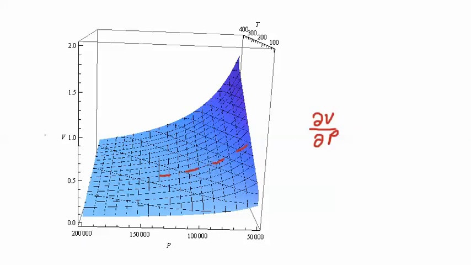The slopes of those particular lines are the change in volume per change in pressure.